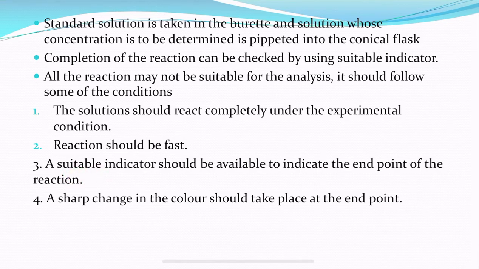And the fourth one is a sharp change in color should take place at the end point. Okay. Many of the acid base reactions will result in a sharp change in color, which indicates the completion of the reaction or the equivalence point. Okay. So, these are some of the conditions which the reaction selected for volumetric analysis must fulfill.